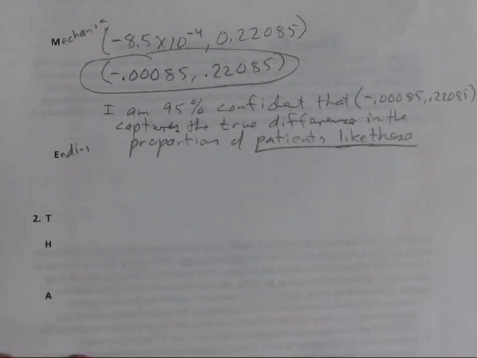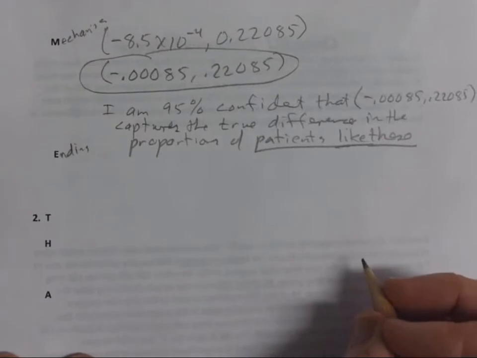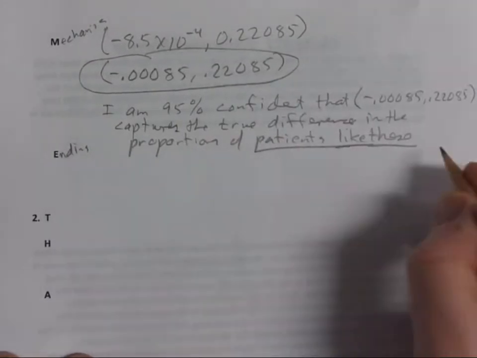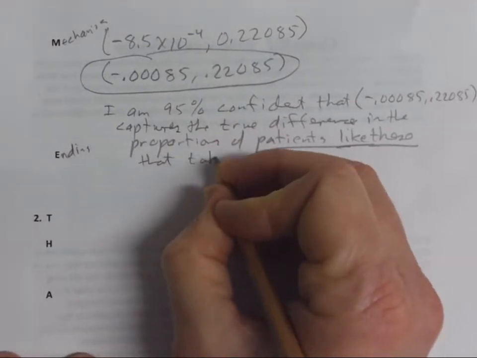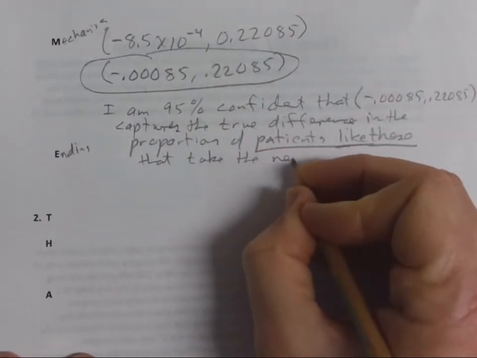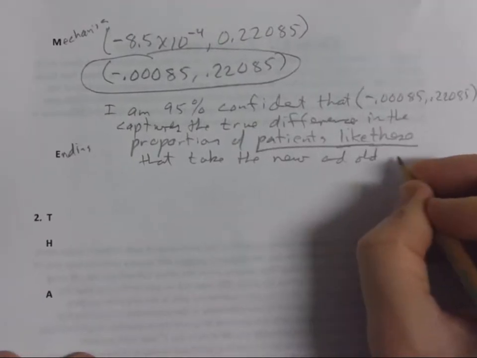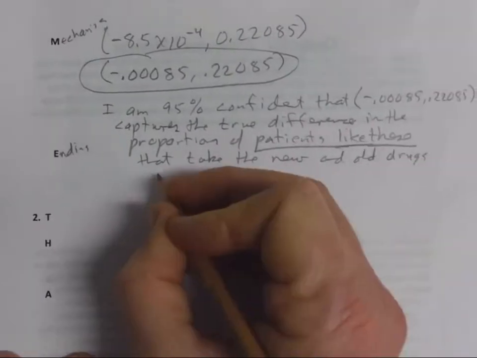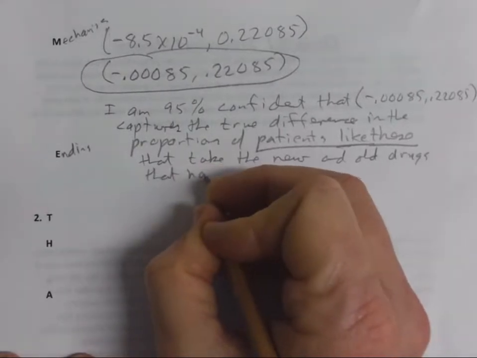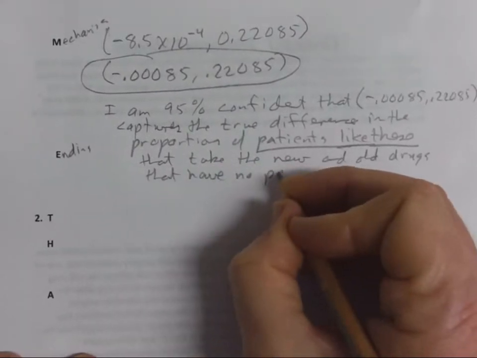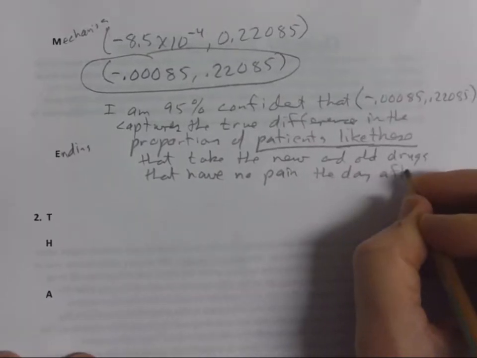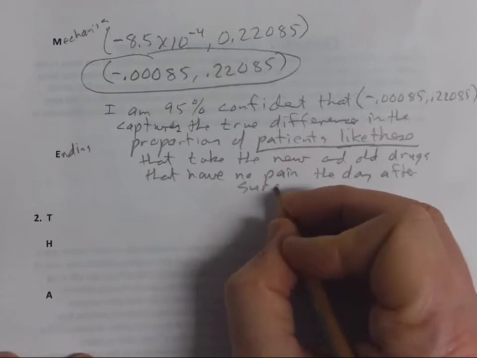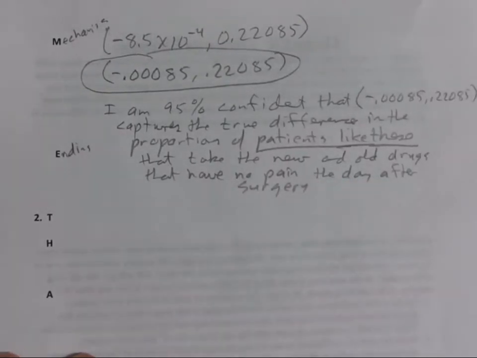You have random assignment, and because you haven't had random selection, you can only infer patients like these, true difference in patients like these that take the new and old drugs that have no pain the day after surgery. That's certainly a bit cumbersome, but that's what it is.